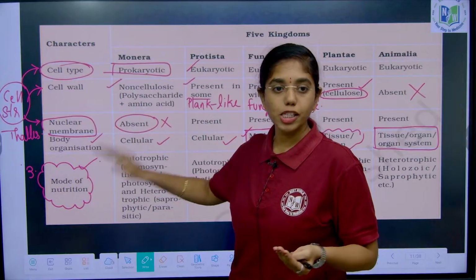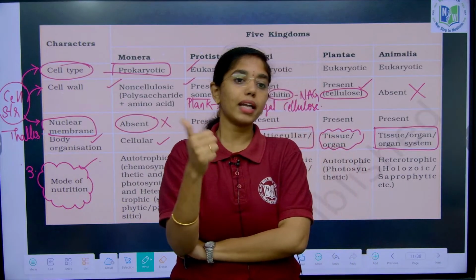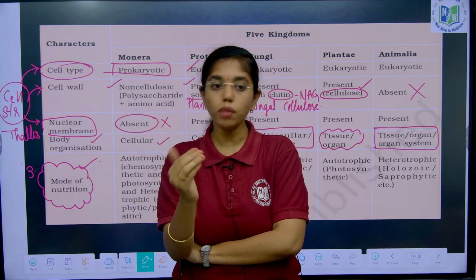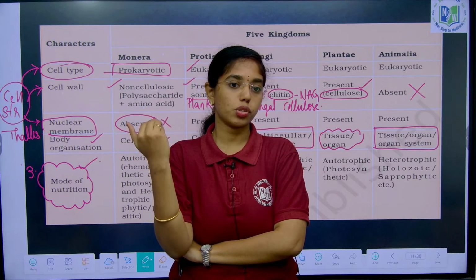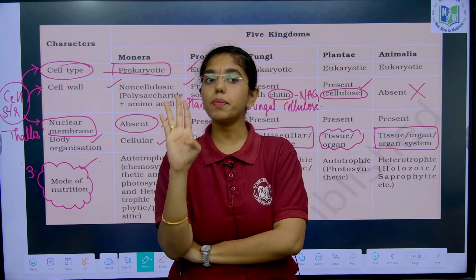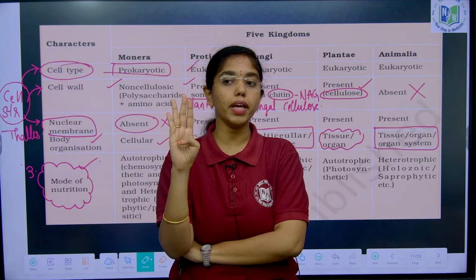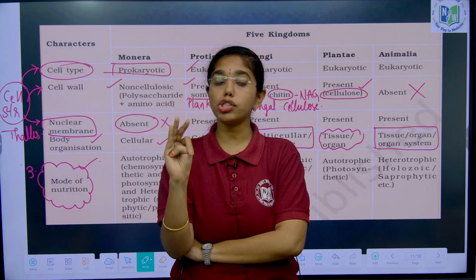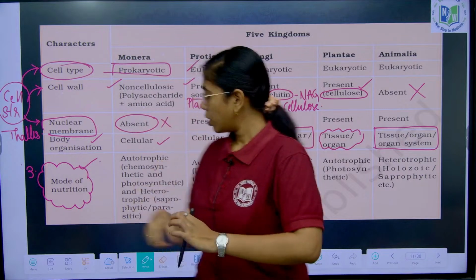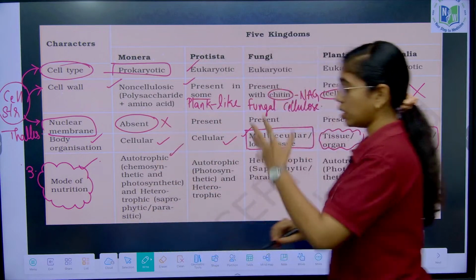When we talk about respiration, we have aerobic bacteria, anaerobic bacteria. Again in that we have facultative aerobes, facultative anaerobes, obligate aerobes, obligate anaerobes. So, for highest metabolic diversity, highest nutritional diversity, respiration, your answer should be Monera. That is with this kingdom.